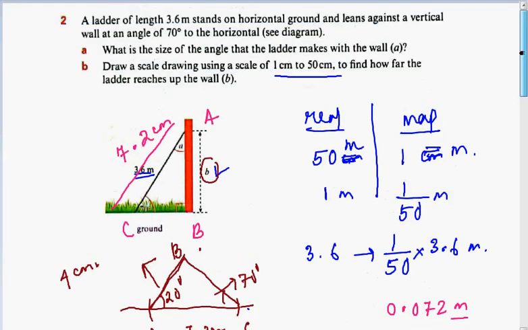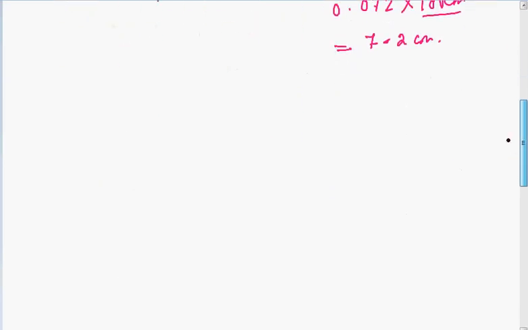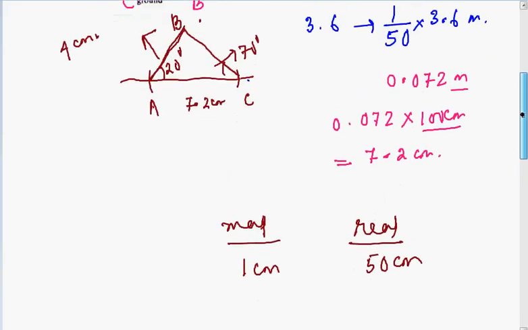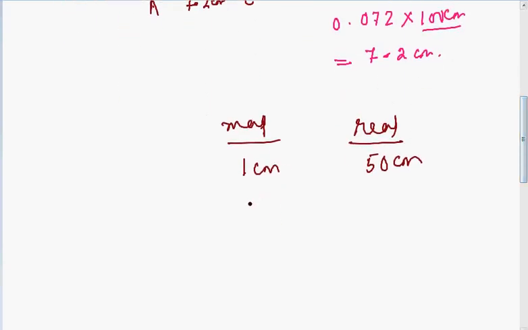He is asking how far the ladder reaches up the wall. That is, he is asking the real height. So we want to get the real one, and from the map we will get the real. It was 1 cm to 50 cm, and let's say we got 4 cm.